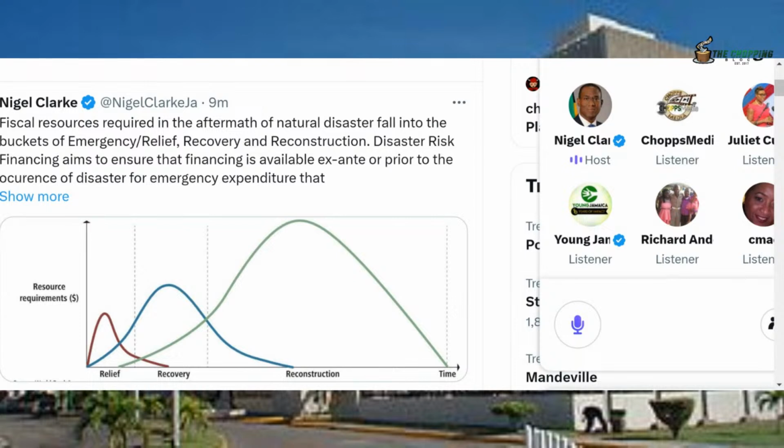But Ivan did not cross the landmass of Jamaica. But it was so intense. The central pressure, if this means anything, was 924 millibars, which puts it way into the Category 5 level, an intense Category 5 hurricane.